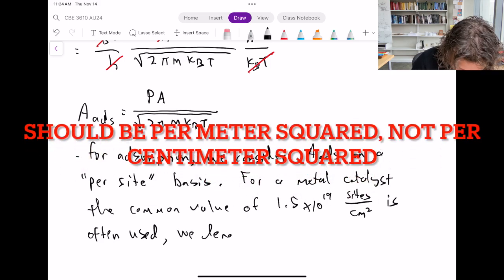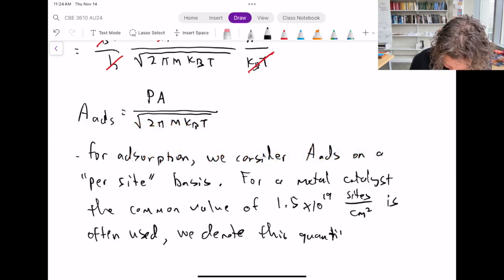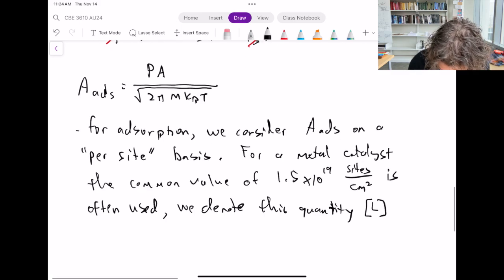And for some reason, this is denoted L. So notice here that the area piece is in the bottom.